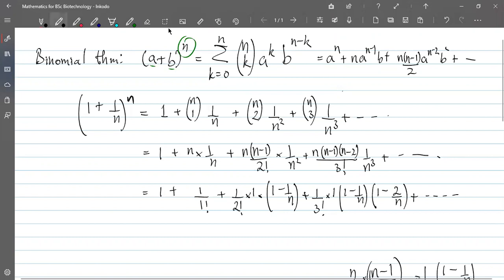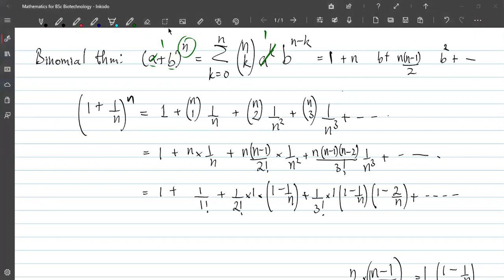If this a is 1, then all these terms will be just 1. So you'll have only the powers of b here. So in our case, b itself is 1 upon n.